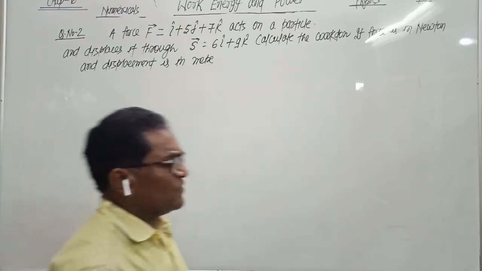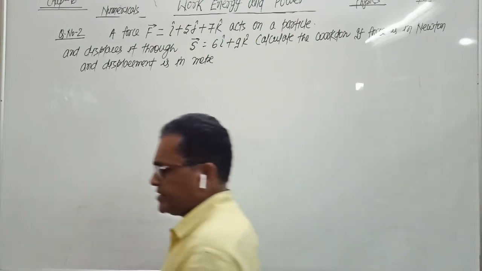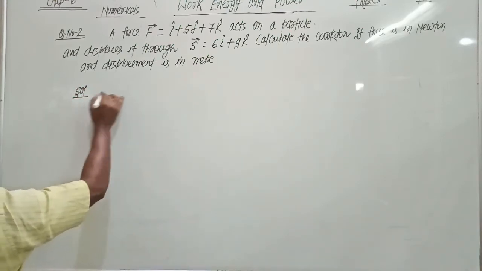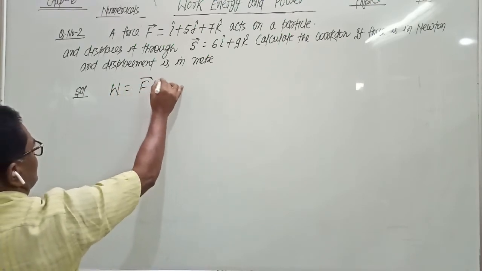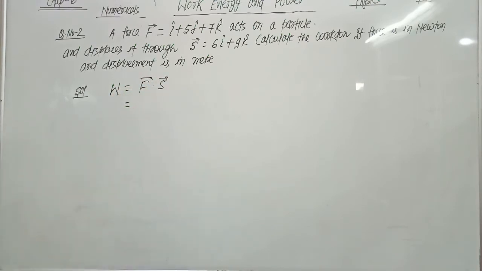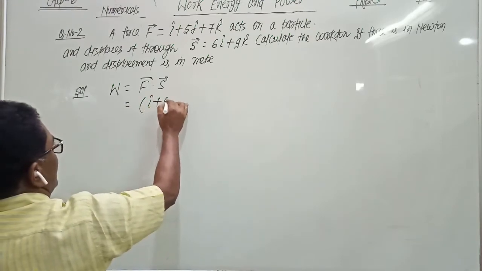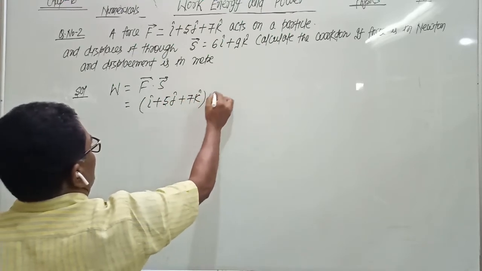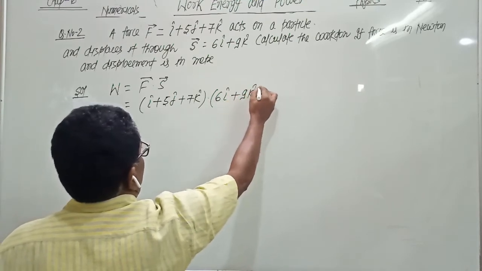So we have been given the force vector and the displacement vector. So directly we use the formula: work done equals force dot displacement. So work done W equals F dot S, and the force vector is i cap plus 5 j cap plus 7 k cap, dot 6 i cap plus 9 k cap.